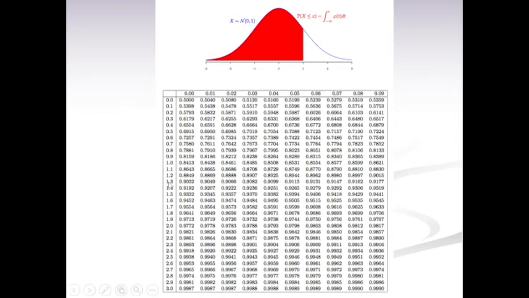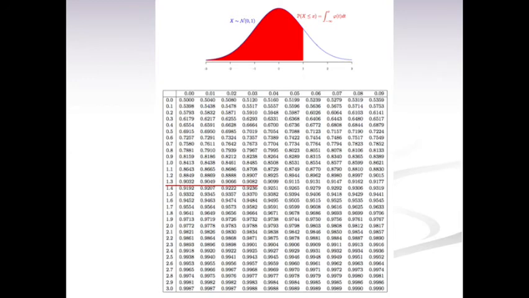For 1.33, 1.3 is here and the remaining 3 is here. For 1.33, it is 0.9082. The probability is 0.9082, right? This is actually for the positive value, plus 1.33.